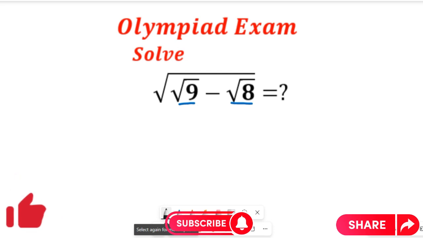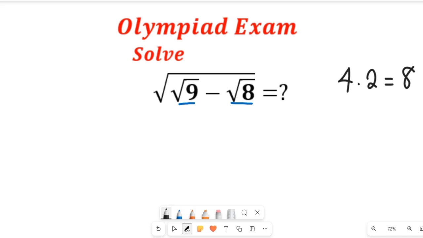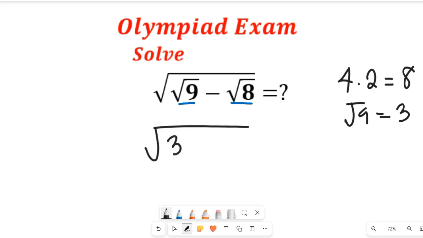Now let's solve this. You should know that 4 multiplied by 2 is equal to 8, right? And the square root of 9 is equal to 3, right? So if we simplify that, we'll have the square root of 3 minus the square root of 4 multiplied by 2.